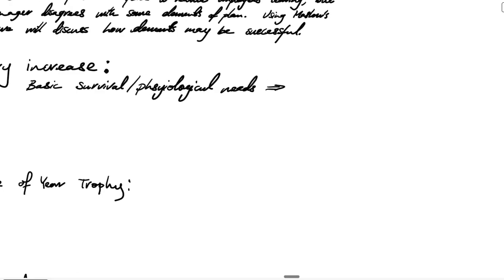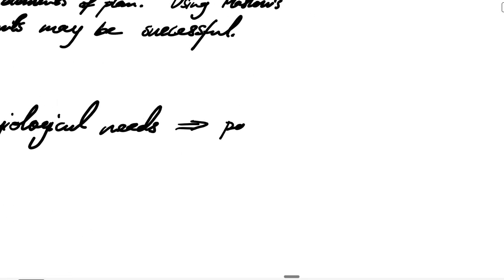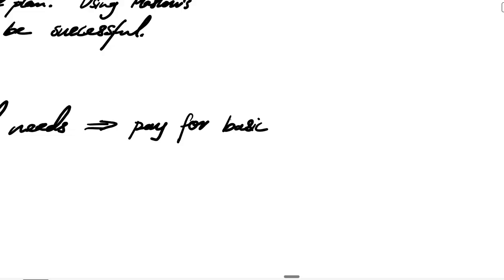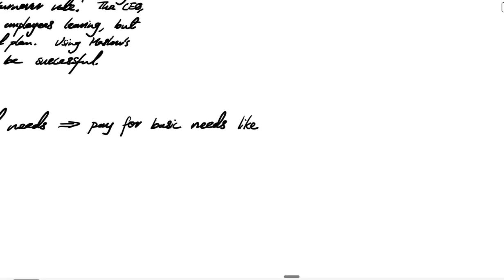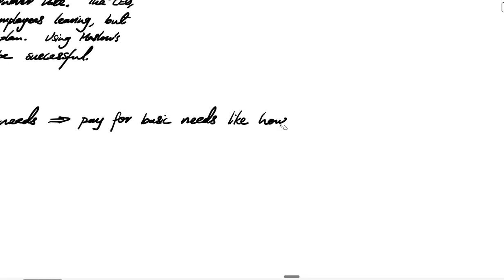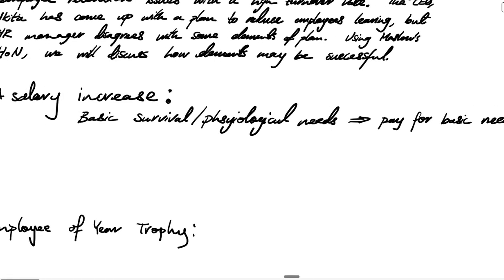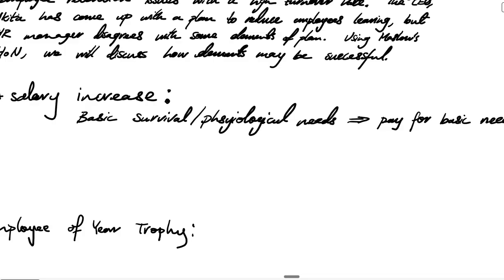And then we have that helps employees pay for basic needs, basic essentials like food, water, shelter, a house, like home, food, water, clothes. So those are basic needs, and that's why a salary is considered part of the physiological category.